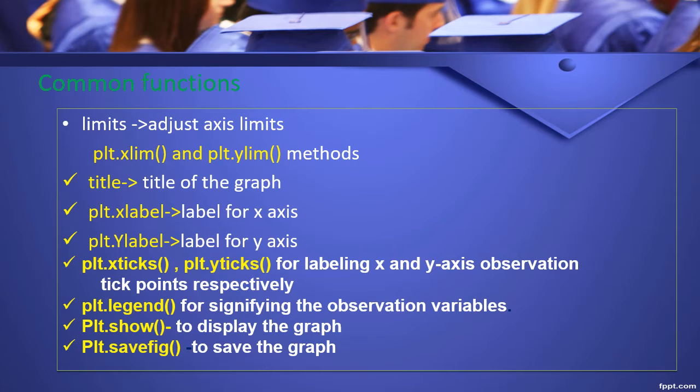For the x-axis alone, you use xlabel, and for the y-axis you use ylabel. Ticks are used to show the labels for x and y using the methods xticks and yticks. Legend signifies the adjacent variables. The show method is to show the graph, and savefig we use to save the graph in our system.